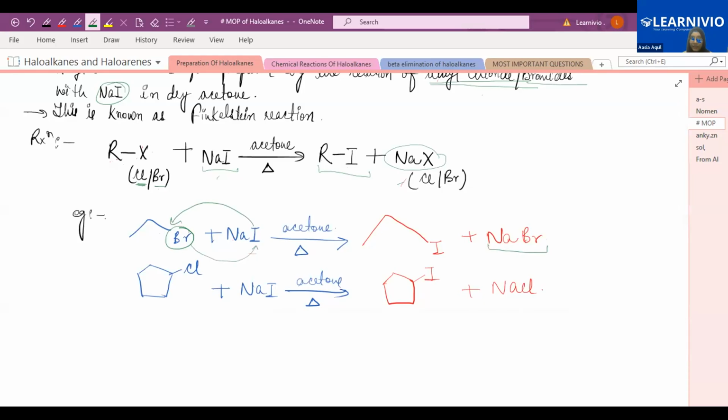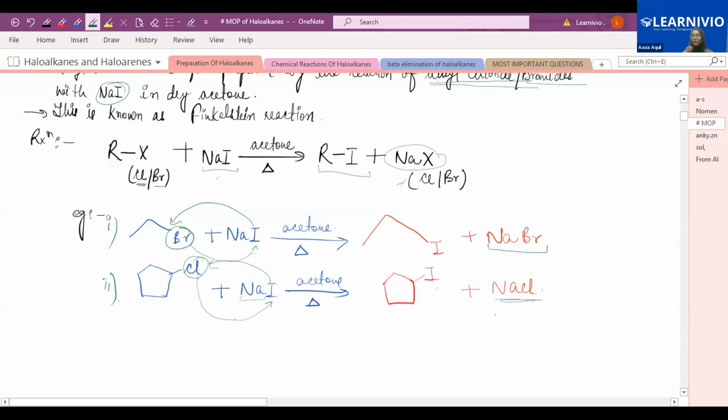Similarly, a second example: cyclopentane, a cyclic structure. Here the chlorine is replaced, basically exchanged, by iodine. You remove the chlorine and attach iodine, so you will get the alkyl iodide, and NaCl will be your byproduct.